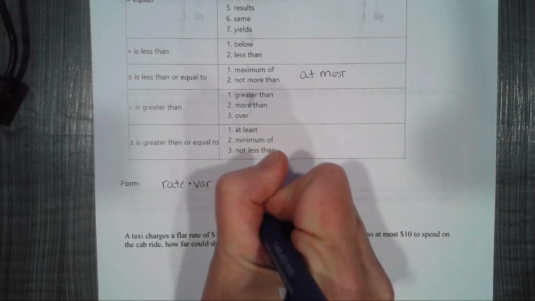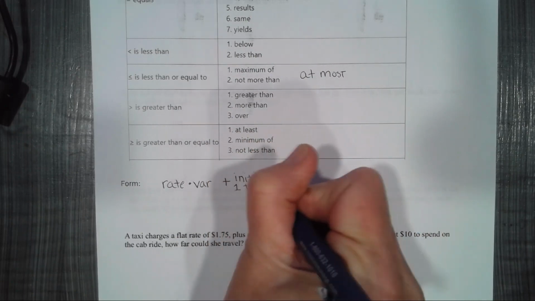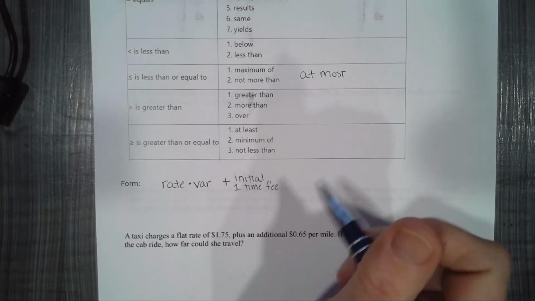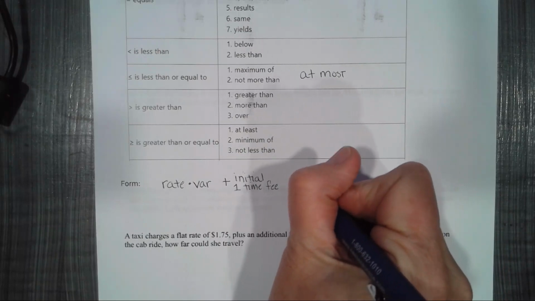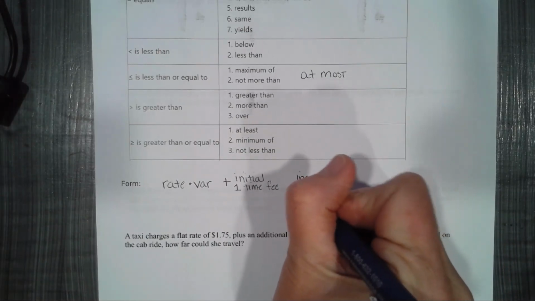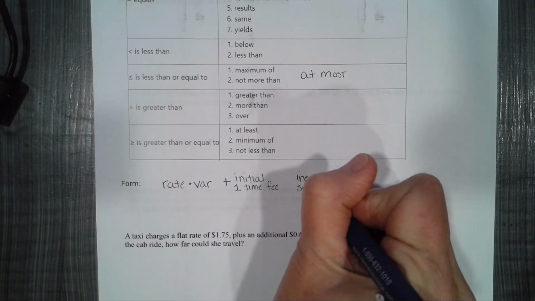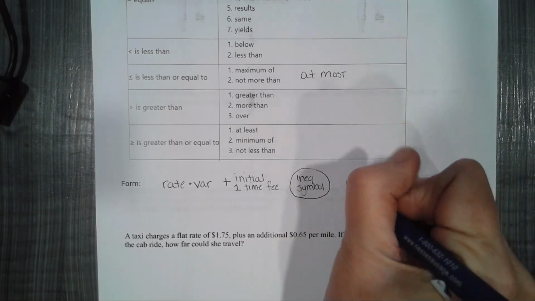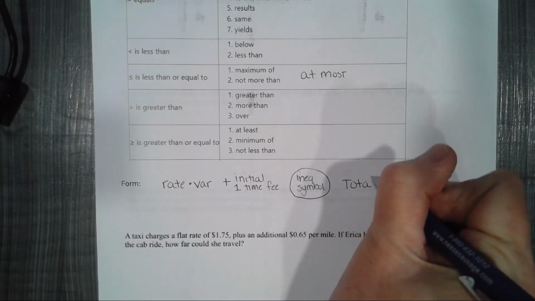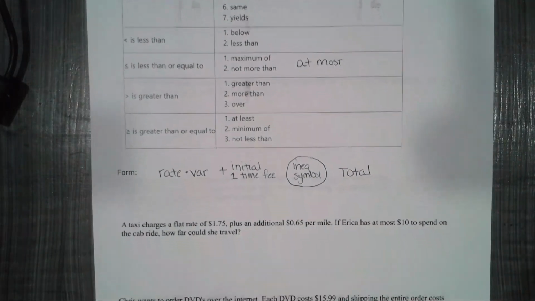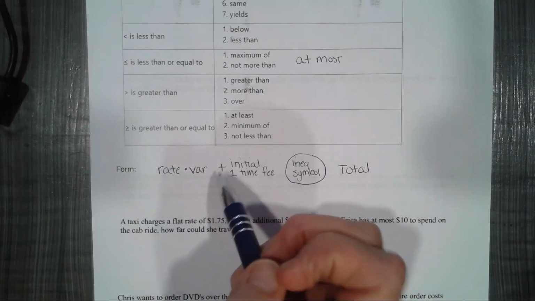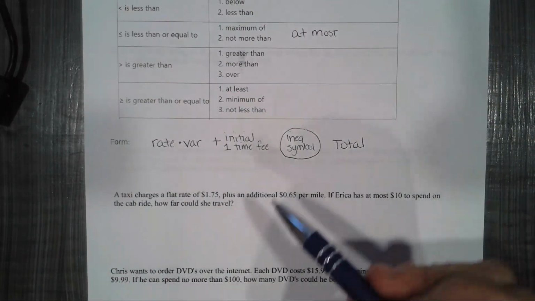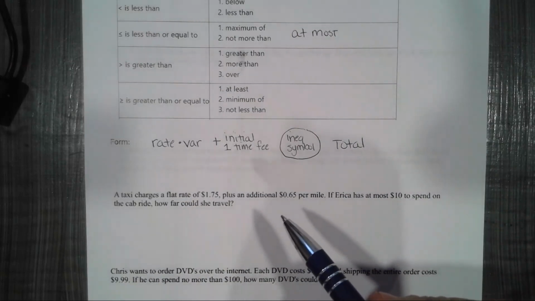It might be a one-time fee, otherwise known maybe as a flat fee. And then instead of an equal sign, you're going to have an inequality symbol here. And then you're going to have a total on the other side. Okay, so we've got a lot of things to find in the word problem in order to solve this.